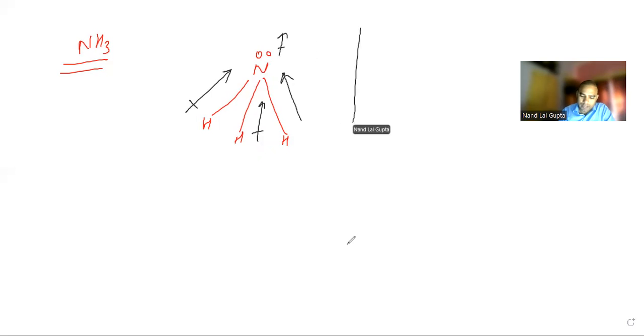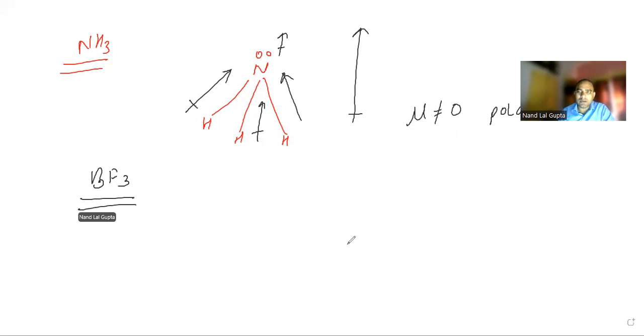So all the vectors go towards the nitrogen side and are added, so mu is not equal to 0. So it is also going to be polar. Nitrogen side will be negative and the hydrogens will be positive.